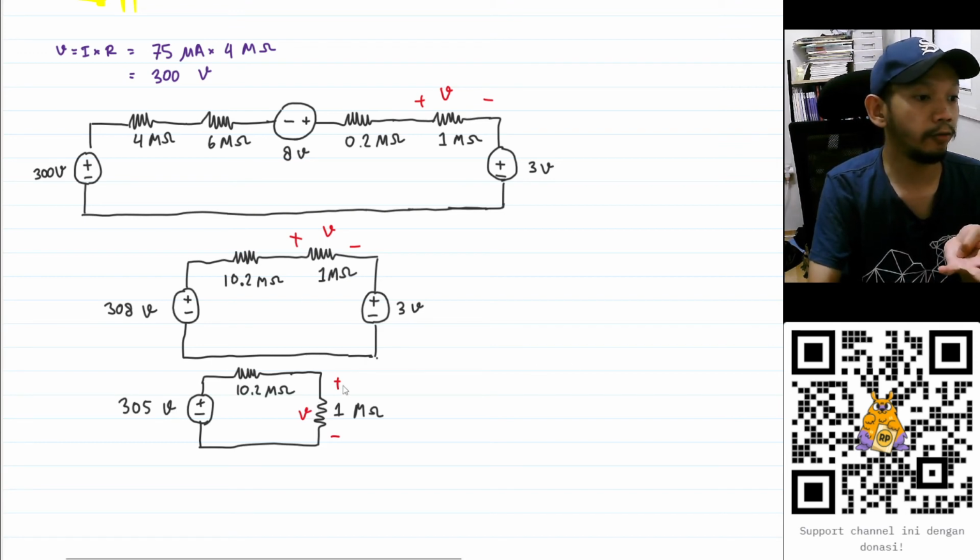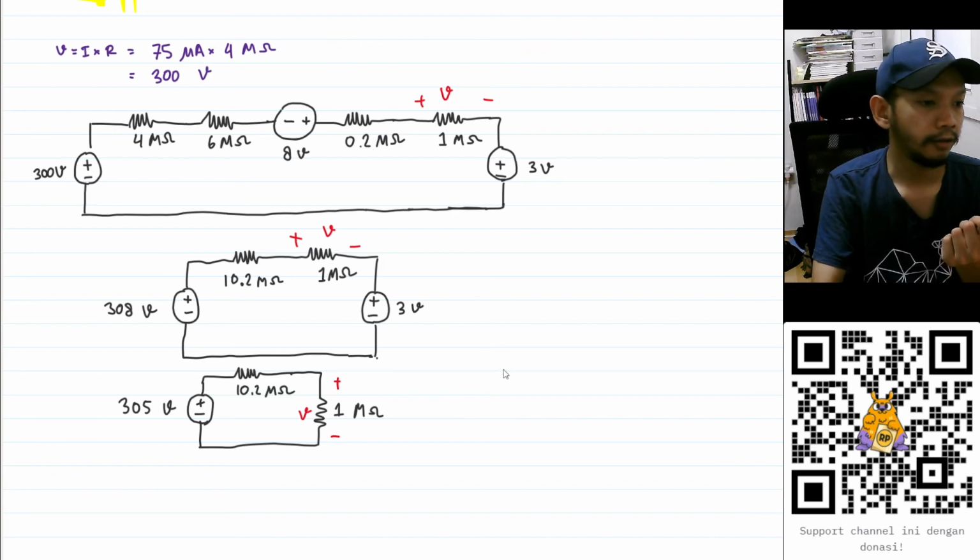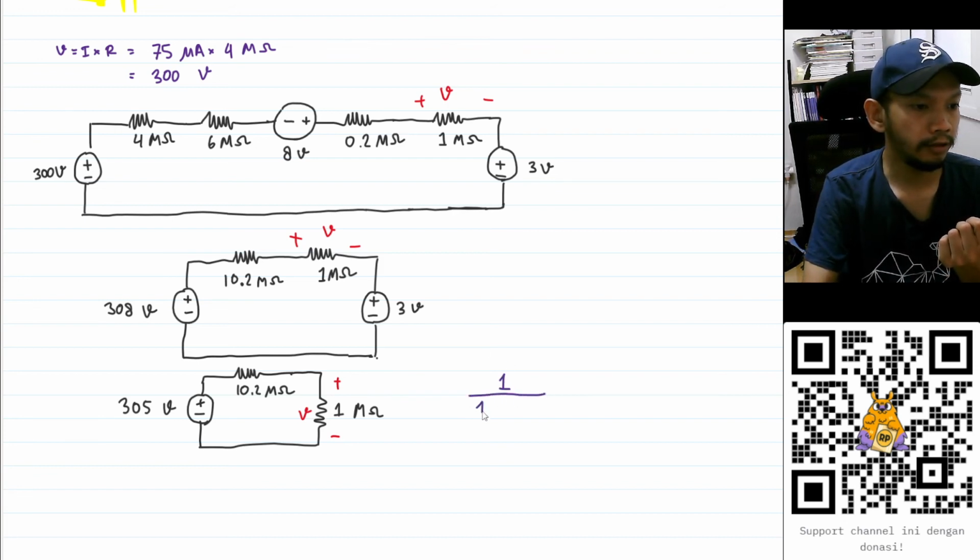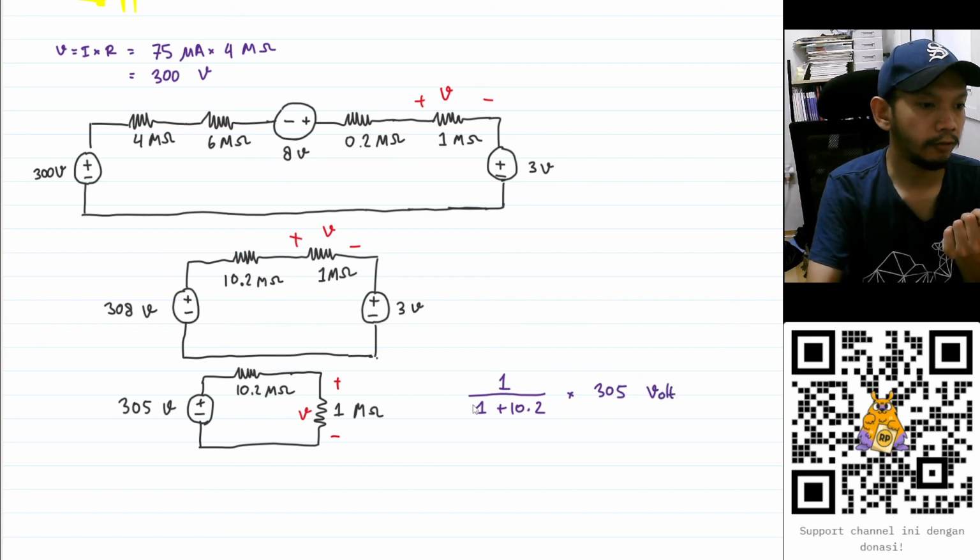Now we can just use a voltage divider. So 1 divided by 1 plus 10.2, multiplied by 305, and this is volt. So our V will be what?